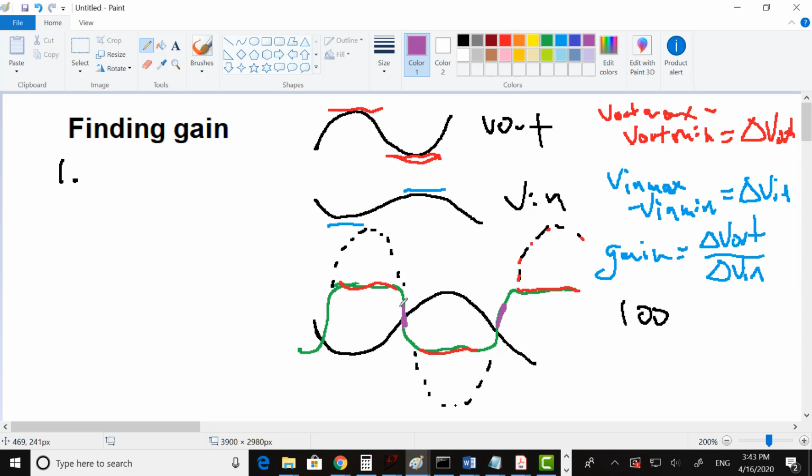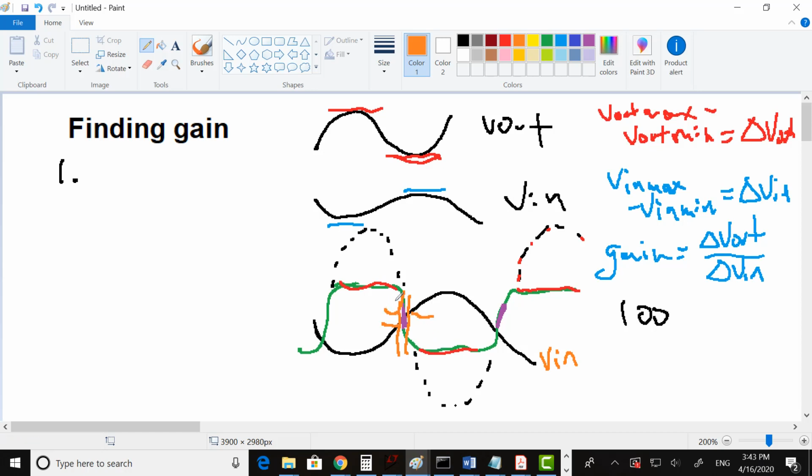So what you can do is, if you see that you're still in a gain region, you can look at your V in signal and say, hey, V in went from here to here.